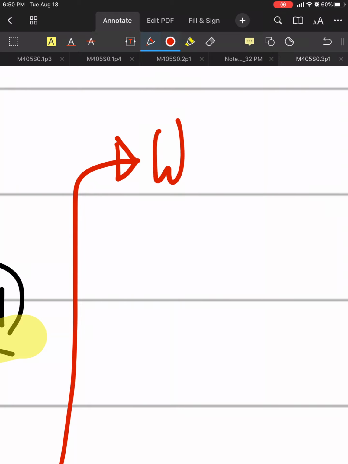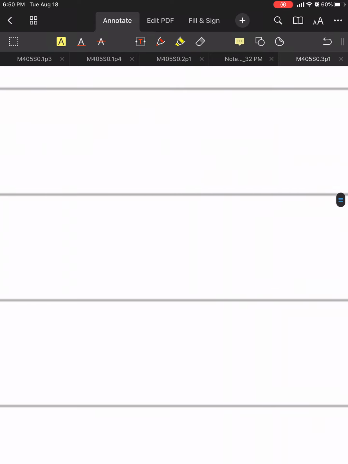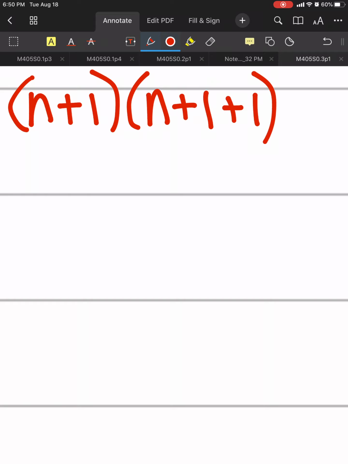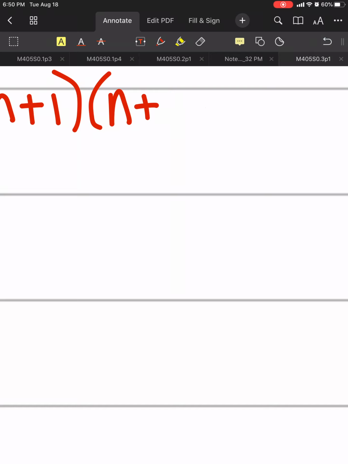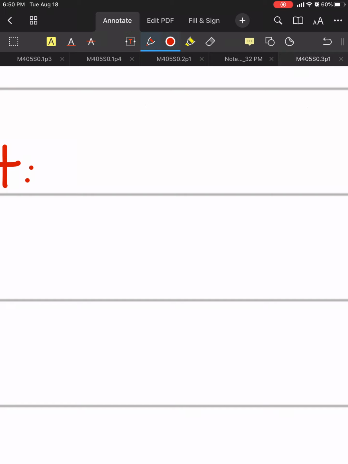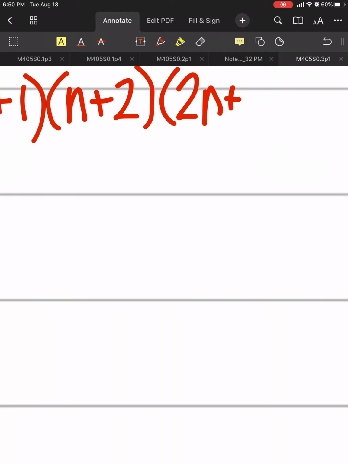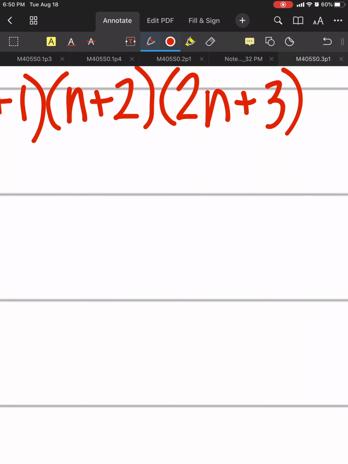So here we want n plus 1 times n plus 1 plus 1. I'm not going to do the steps here. You all can follow them. n plus 1 times n plus 2 times 2n plus 3 all over 6.